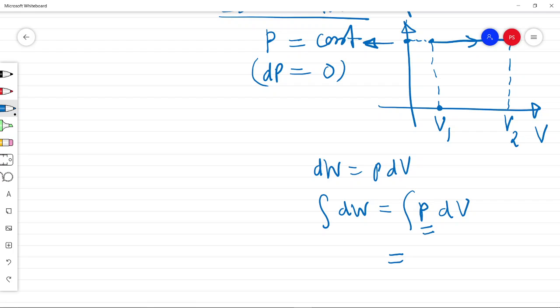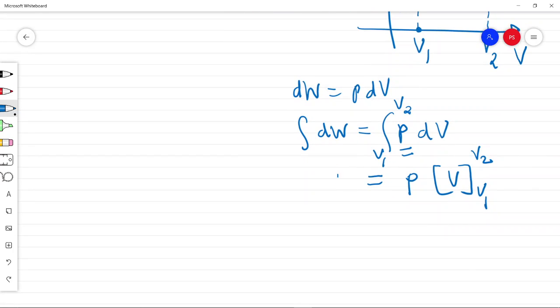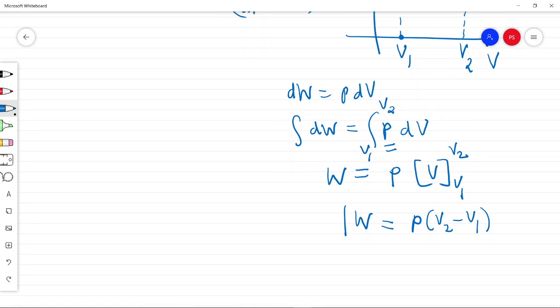Since pressure is constant in this isobaric process, it comes outside the integration, and integral of dV from lower limit V1 to upper limit V2 is V. So this W is nothing but P into V2 minus V1. So this is the expression for work done during an isobaric process.